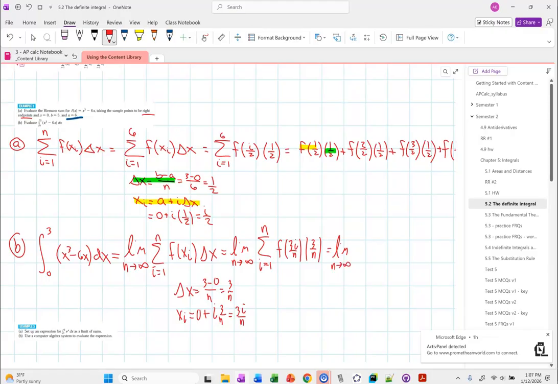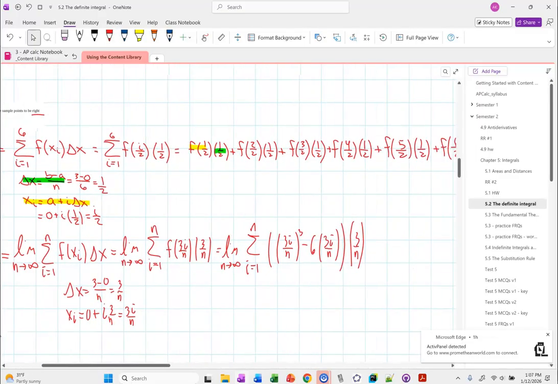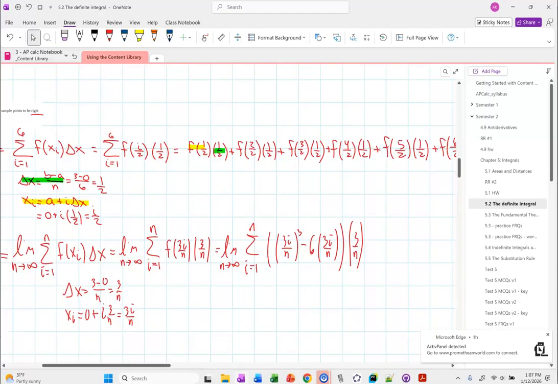So now I'm going to plug 3i over n into my function for f of x. Everybody okay there?